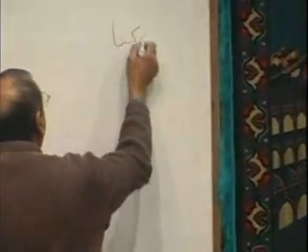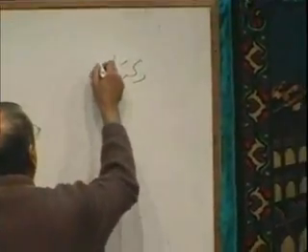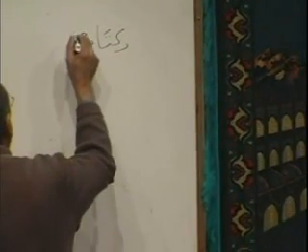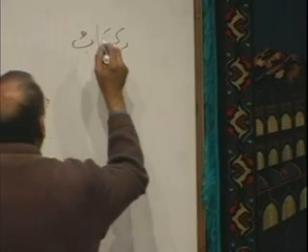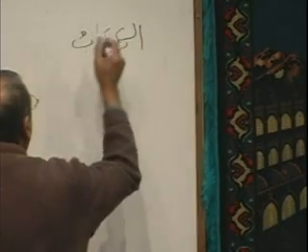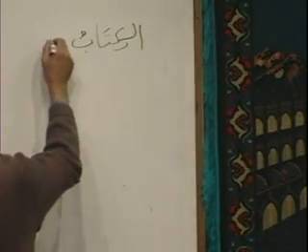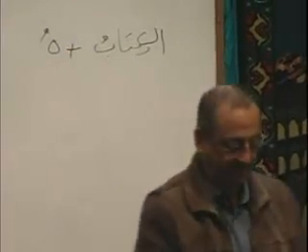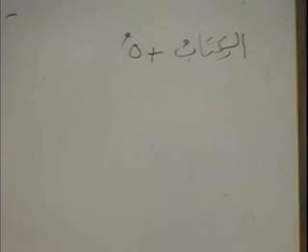Now, we know our pronouns. And if I write down here Kitabu, maybe I can even write down Al-Kitabu, and then now I'm joining it with a pronoun. Are you with me, brothers and sisters?